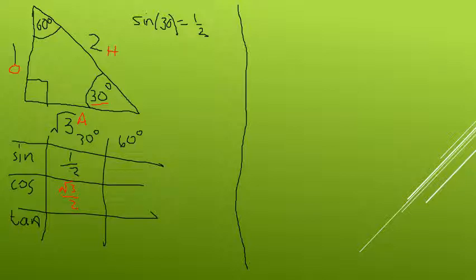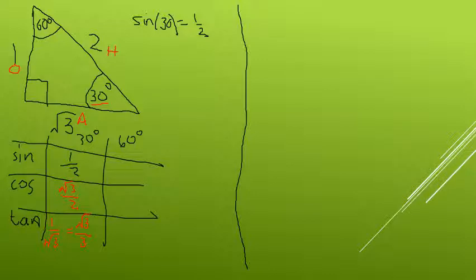Tan of 30 degrees is opposite over adjacent, which is 1 on square root of 3. And if we remember from our earlier work, we can rationalise this denominator by multiplying by root 3 over root 3, so it becomes root 3 on 3.